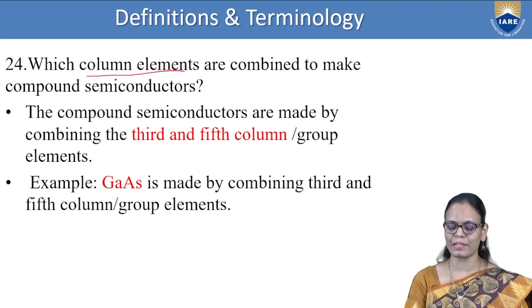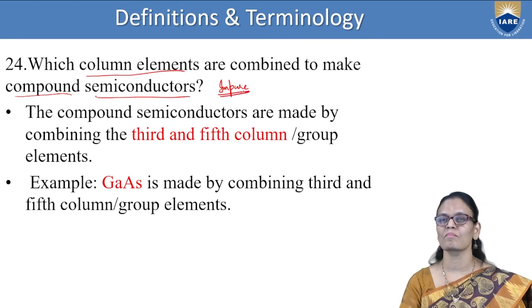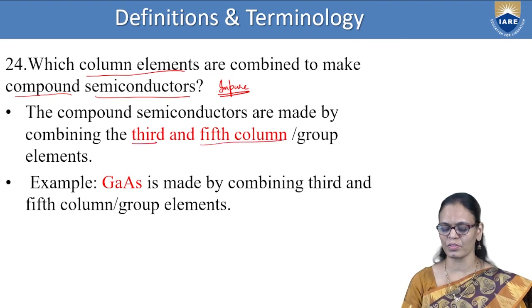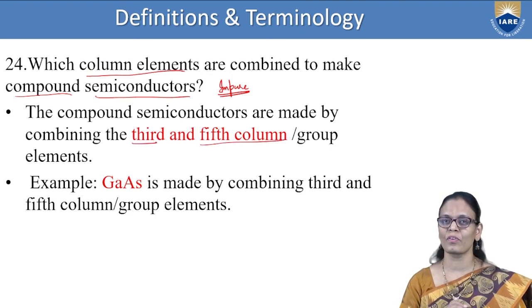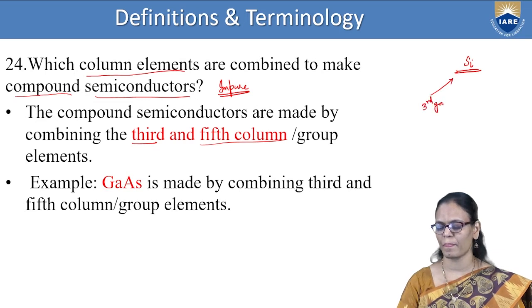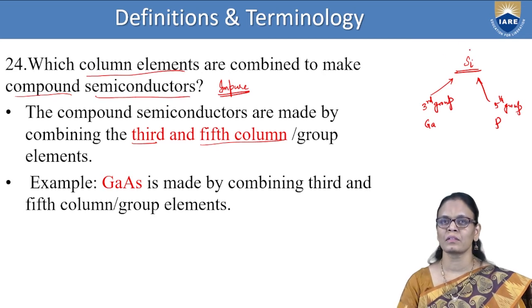Now, which column elements are combined to make compound semiconductors or impure semiconductors? Compound semiconductors are made by combining third and fifth group elements. So, if you take a pure semiconductor like silicon and add to it either a third group element like gallium or a fifth group element like phosphorus or arsenic, you will get a compound semiconductor.